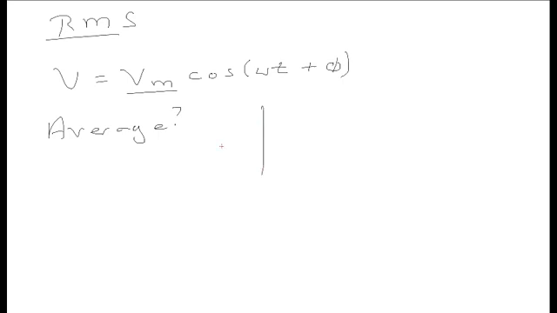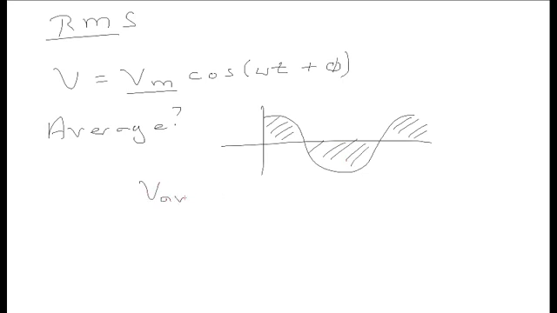Here is a graph of my voltage. If you take a look, it's positive for exactly as much time as it's negative. So V average on its own would be 0. And that's not going to help me.